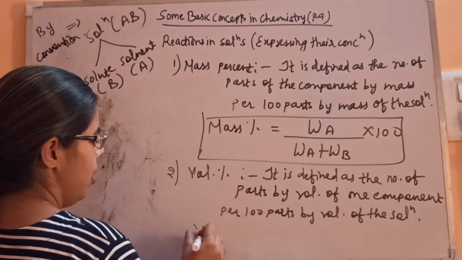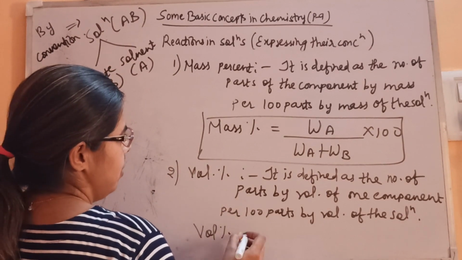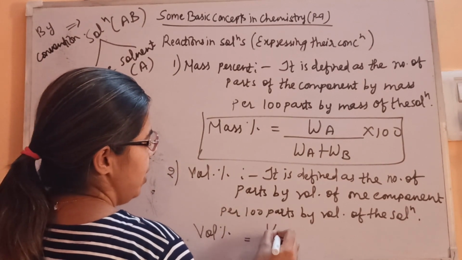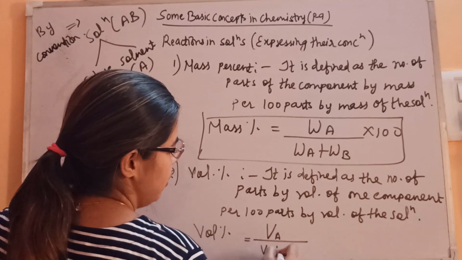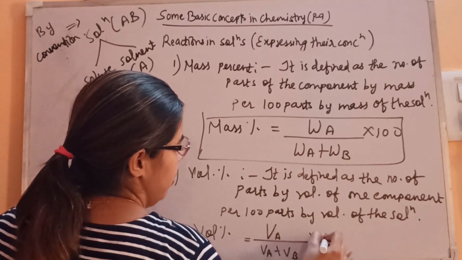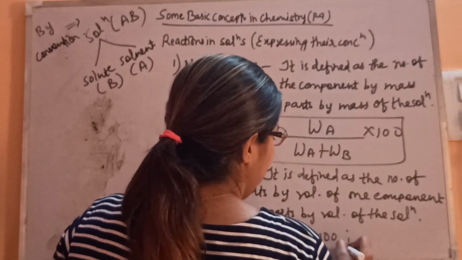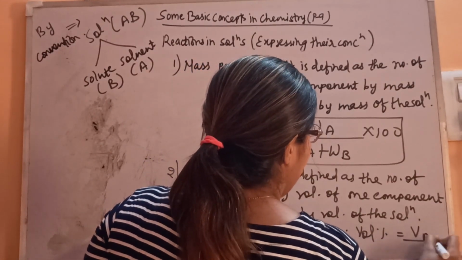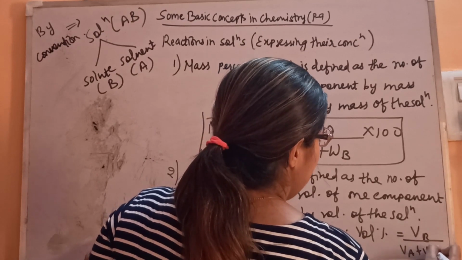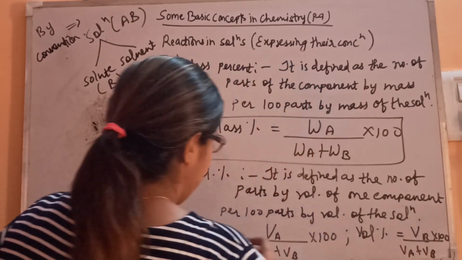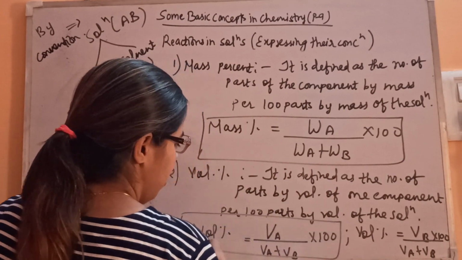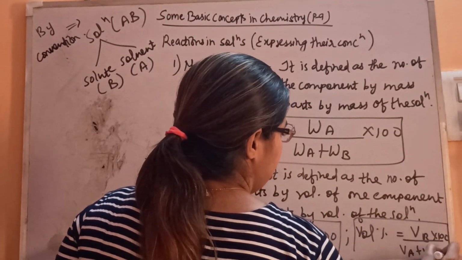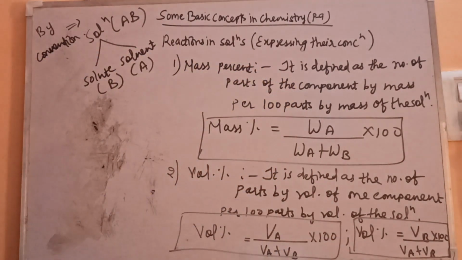So the formula: volume percent is equal to VA divided by VA plus VB, into 100. Similarly, we can write it for the next component, VB divided by VA plus VB, into 100. So these are the formulas. Similarly, for mass percent also we can write WB divided by WA plus WB.